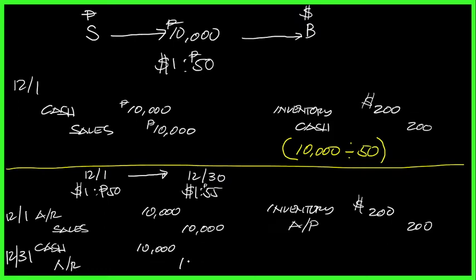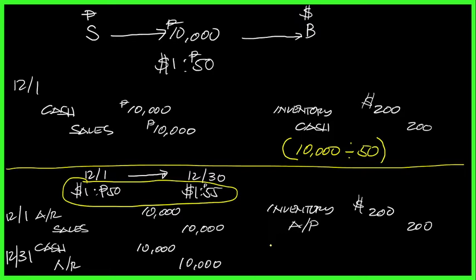I want to emphasize that the seller, who's operating here in the Philippines, with peso as the reporting currency and the transaction denominated in pesos, is not affected by the fluctuations in foreign currency. But what about the buyer?